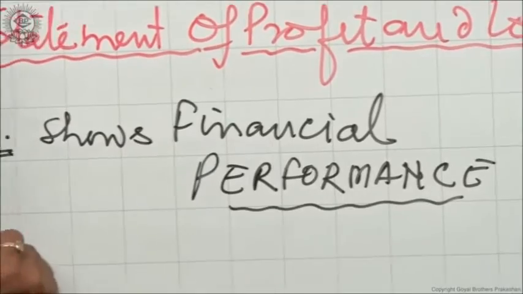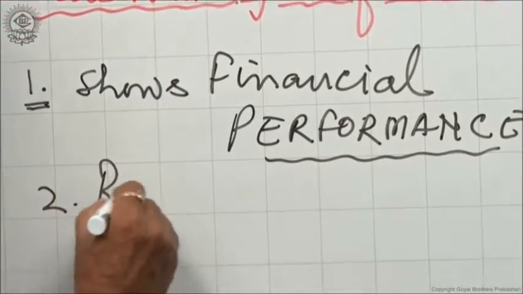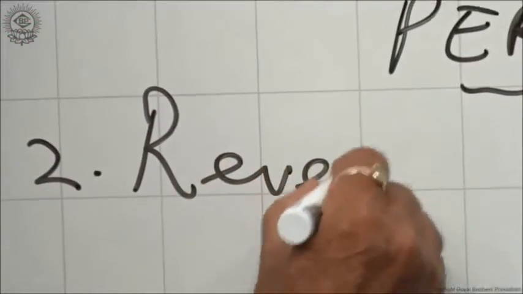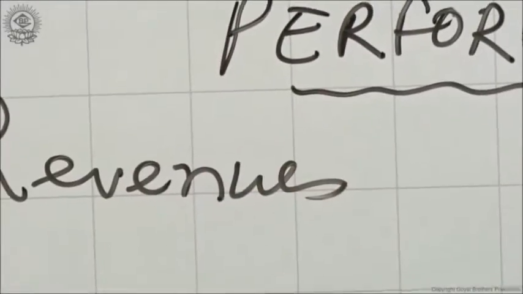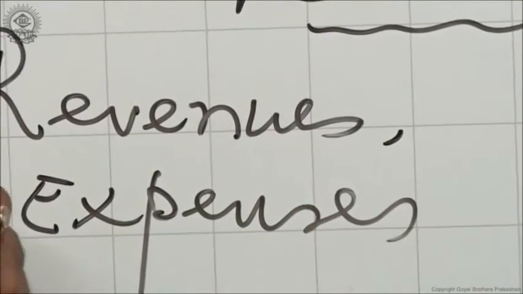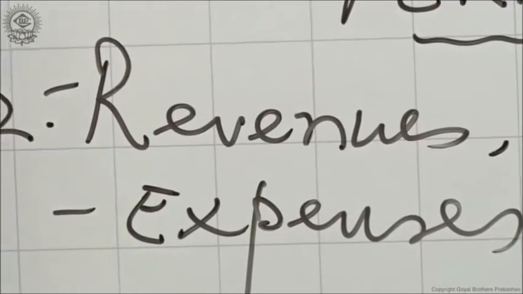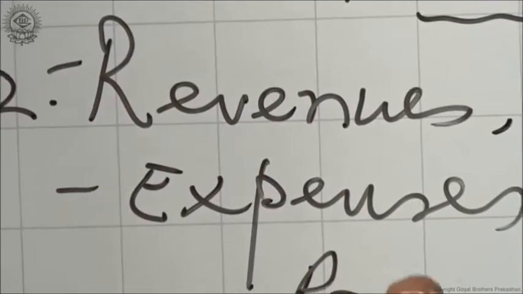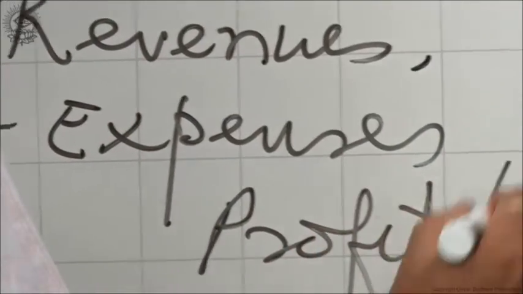Financial performance. It shows revenues, expenses, and the difference between these two is either profit or loss.